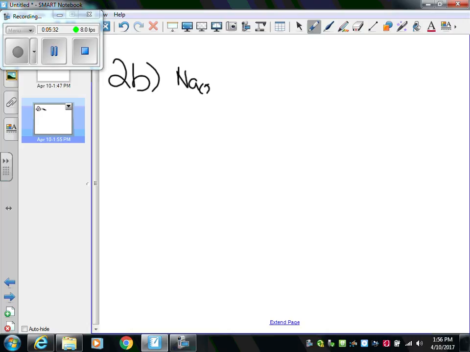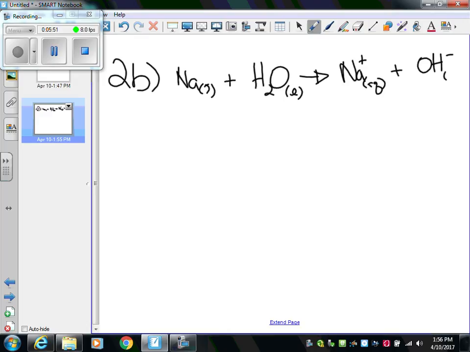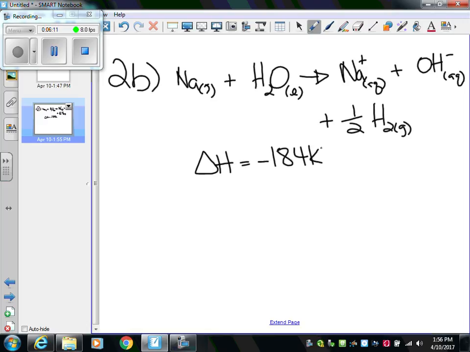A solid, plus H2O, a liquid, arrow, Na+ and OH- aqueous, plus 1/2 H2, and the triangle H equals negative 184 kilojoules.